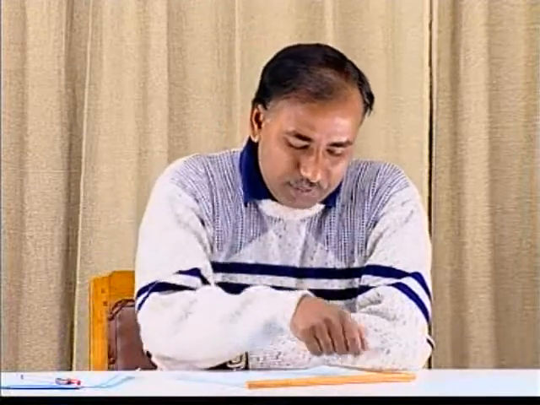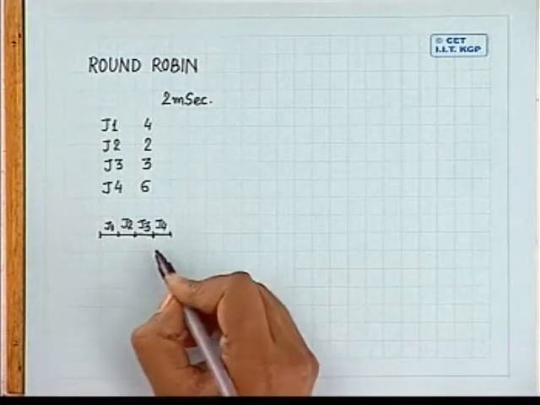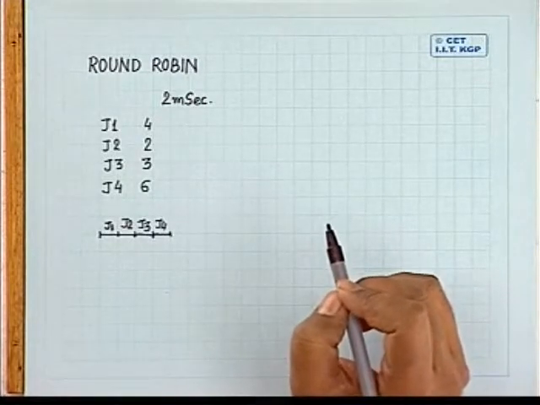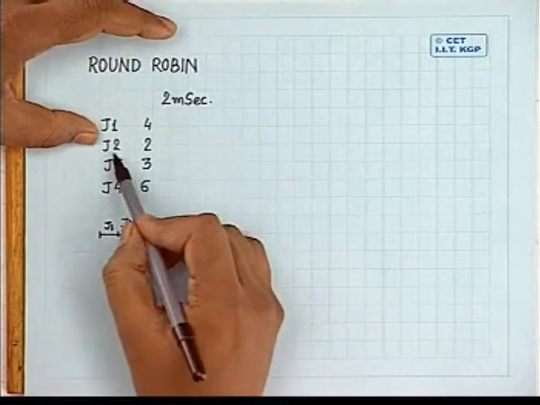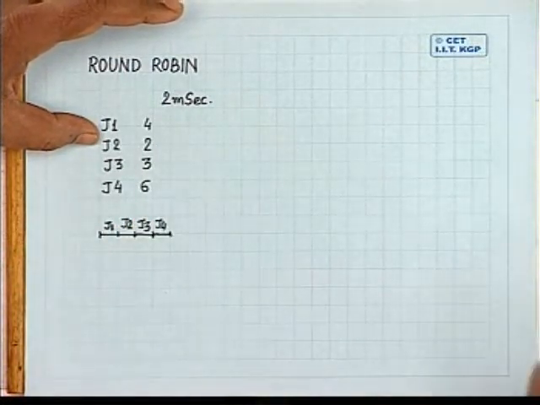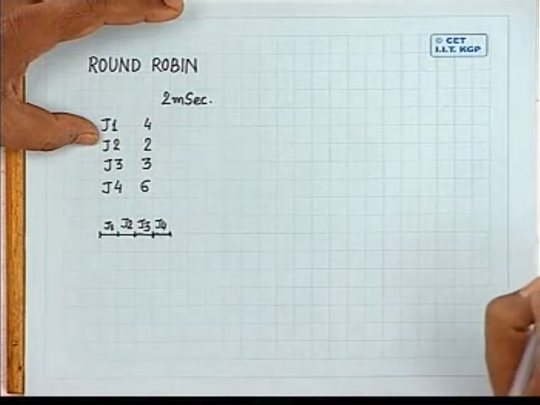So with this job J4 having completed 1 quanta, now again I go back to job J1. Assuming that job J2 has either become halted, that is its lifetime is over, or job J2 is still waiting in the IO waiting state.